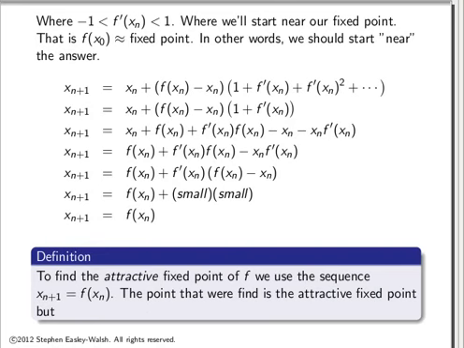Okay. Now, I just put the result there in a box. To find the attractive fixed point of f, we use the sequence x_(n+1) = f(x_n). And this is to find the attractive fixed point.